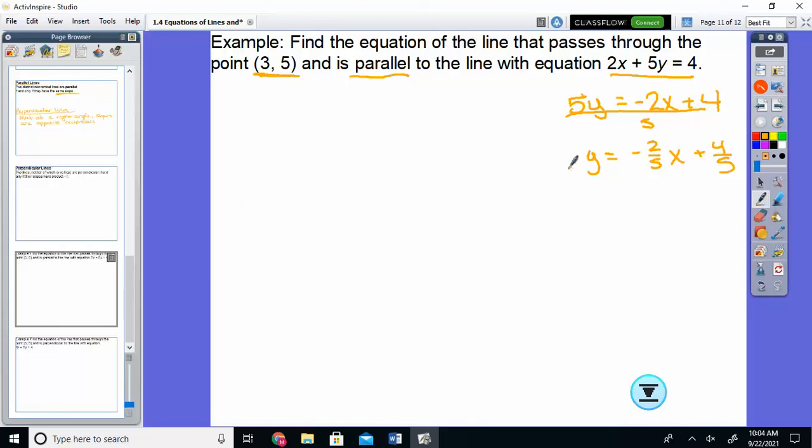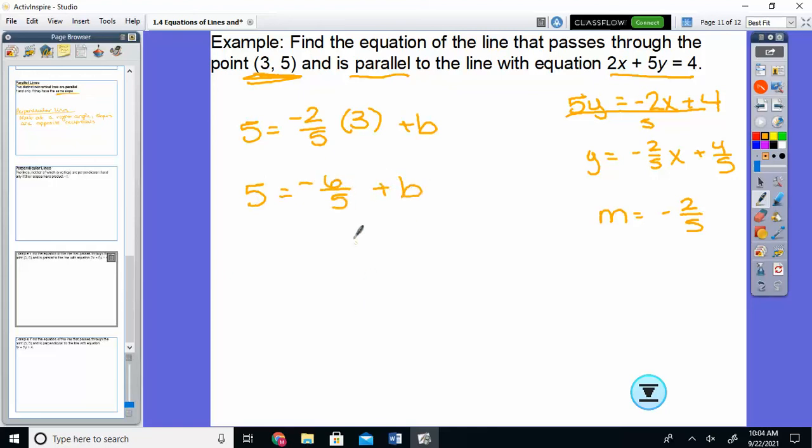Okay, now we have a point. What slope are we going to be using? They're parallel, so same slope. So now we can plug into y equals mx plus b. So the y is 5, my m is negative 2/5, x is 3, plus b. Add over the 6/5.